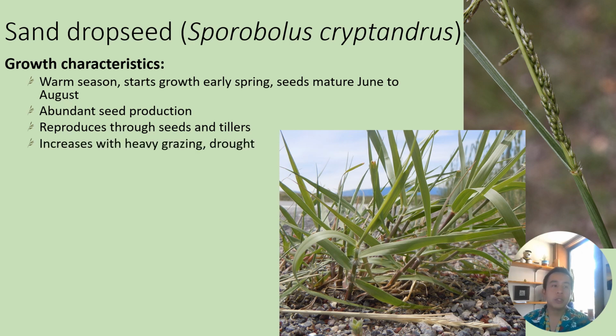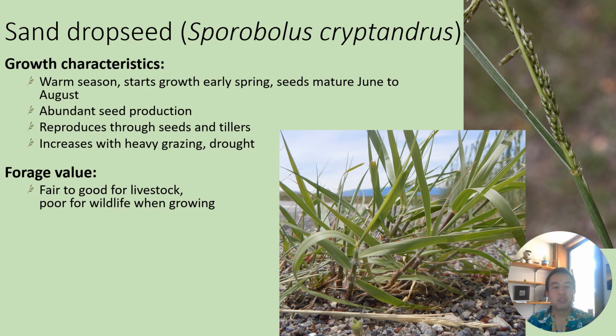And oftentimes it can increase with heavy grazing and drought, which means that it's resistant to grazing and drought. In terms of forage value, it's usually pretty good for livestock, but not necessarily the best for wildlife. And like many other grasses, it rapidly declines in forage value as it reaches maturity.